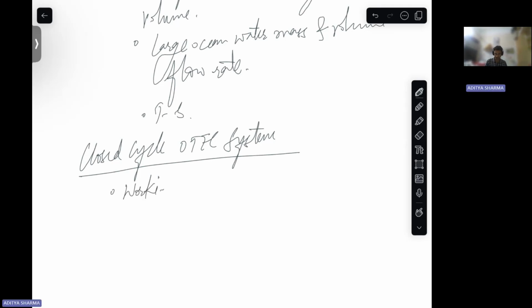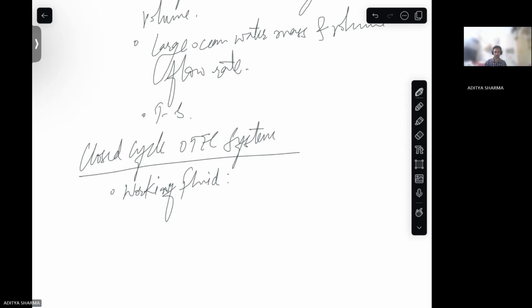One is the working fluid. In your open cycle OTEC system, you were using the same water that you were taking from the ocean, and for cooling purposes you were taking the water that was at depths.